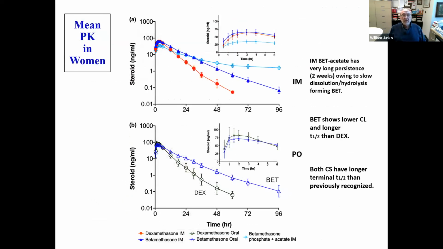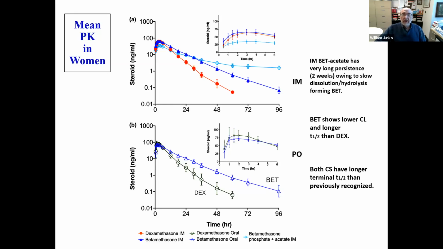So the general pharmacokinetics of the 5 forms that were administered is shown on this slide. If you look at the bottom, oral Dex, oral Beta, typically Beta has a much longer half-life than Dex. Looking at the top, the same thing happens when the phosphate forms are given intramuscularly.